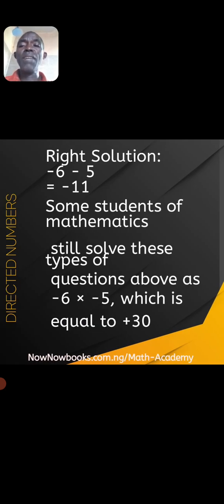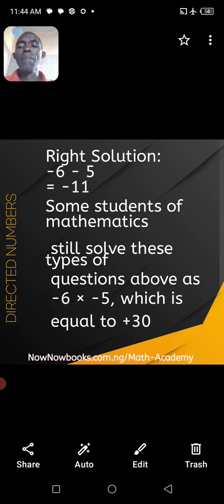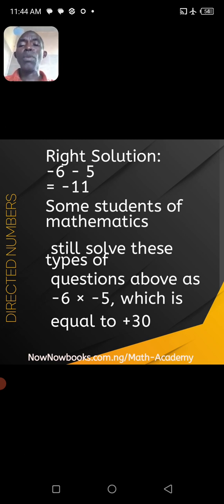Now, I believe as a teacher, you need to begin to think about what a student was thinking about when he or she was solving a question and providing the wrong solution. Now, I said some students solve it as minus 6 times minus 5, and this is not a multiplication problem. This is an addition problem.